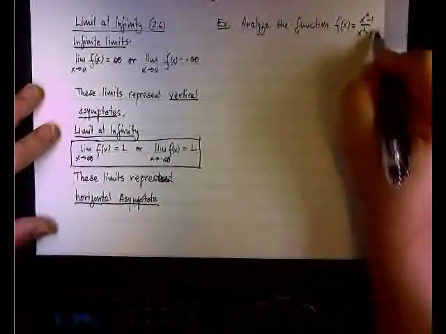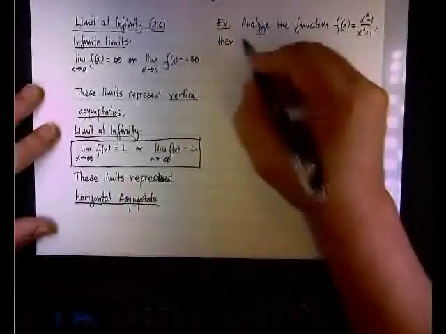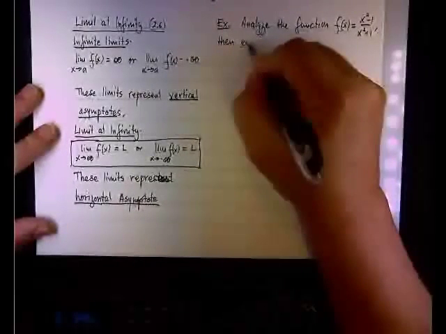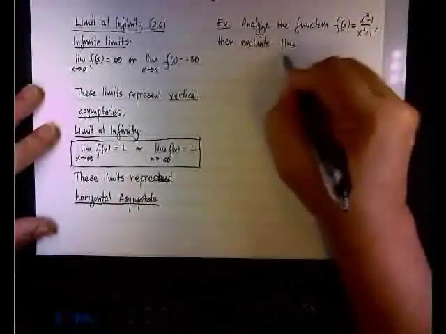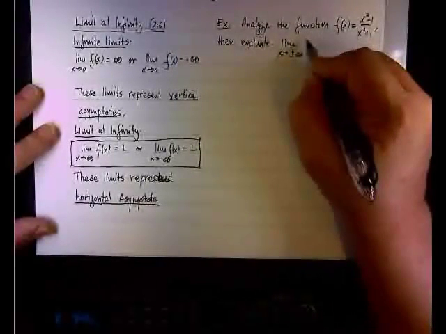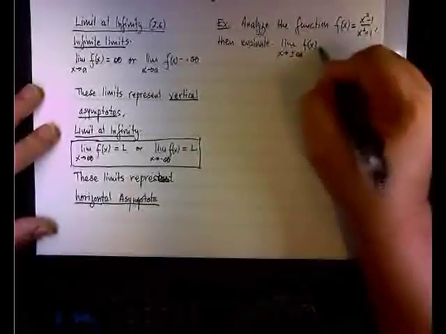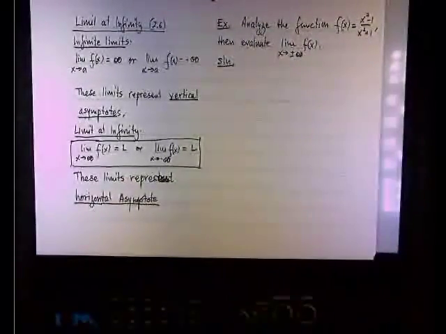And then there is another part: evaluate the limit as x approaches plus or minus infinity of f of x. Okay, so we have two parts. We have the analysis part that we need to perform first, and then we need to evaluate.